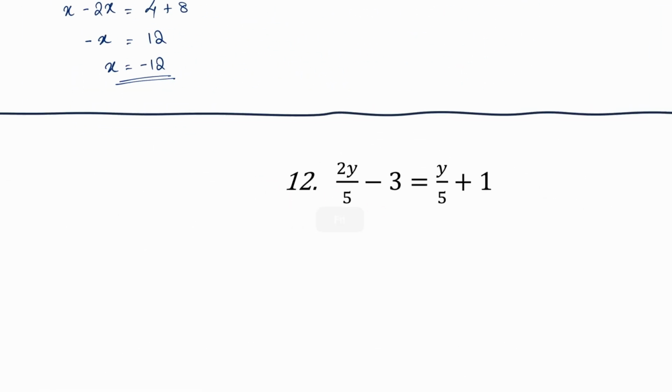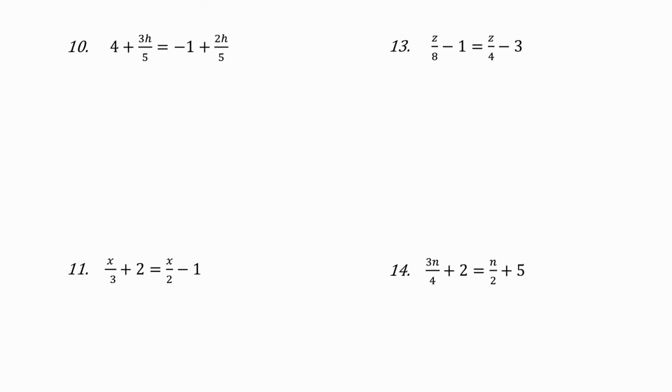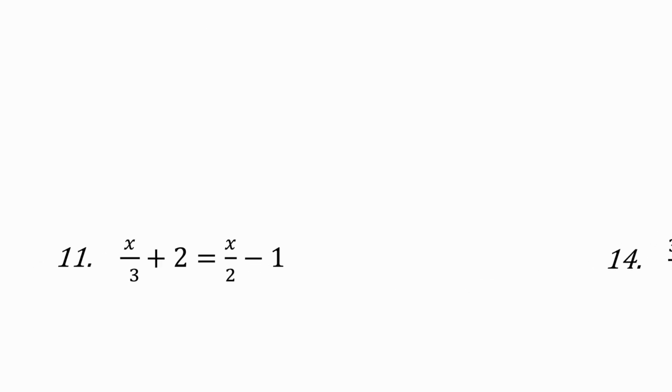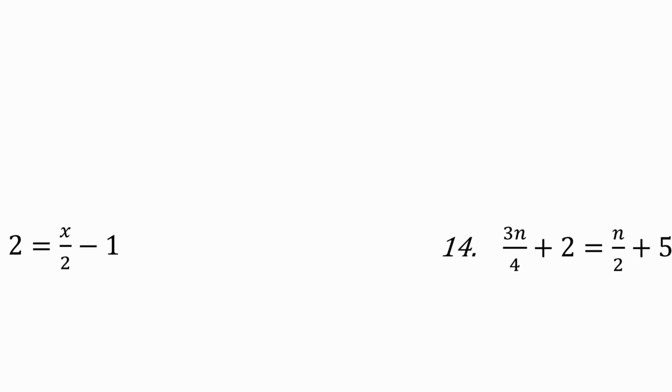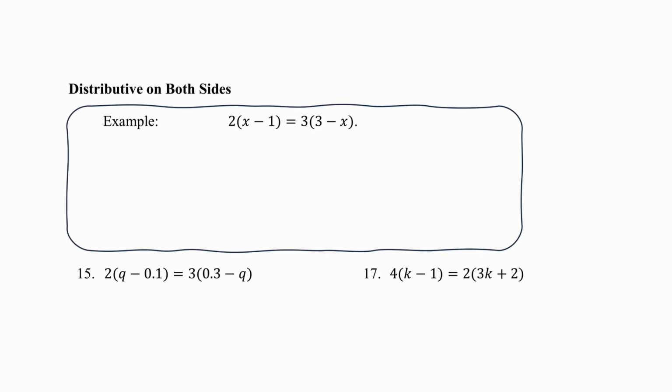In this case, if both the numbers are the same, you don't need to calculate the LCM. You can multiply with the same number: times 5, times 5, times 5, times 5. For the remaining cases, you have to calculate the LCM of 8 and 4, LCM of 3 and 2, LCM of 4 and 2. I hope you can do this remaining part without my help.